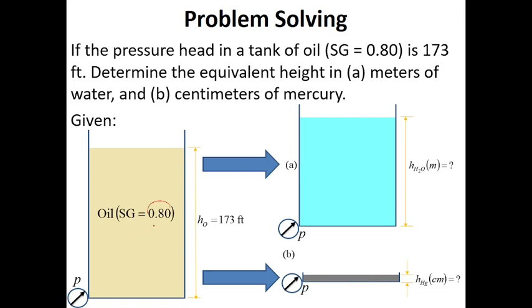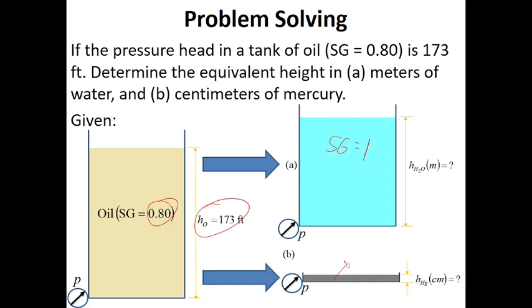So this is 0.8 specific gravity. The lower the specific gravity of the substance, the higher will be the height, the higher will be the pressure head. Since the specific gravity of water is 1, this is expected to be lower than the height of oil.